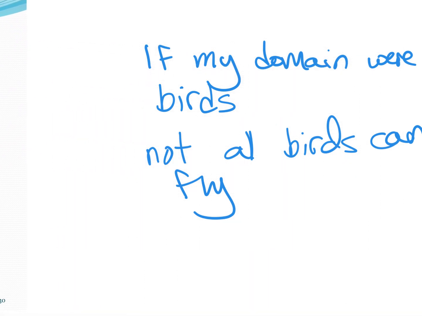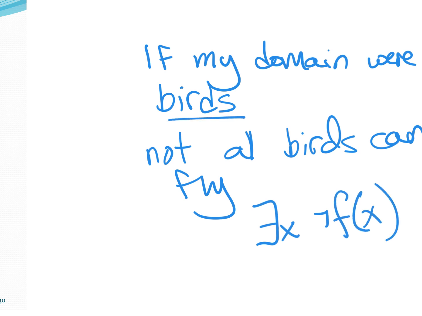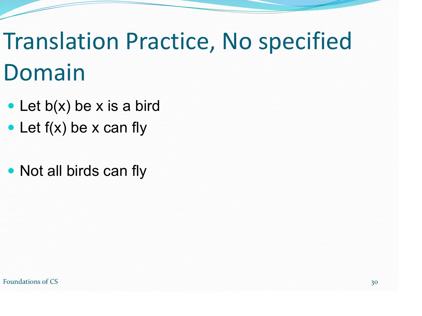If my domain were birds and I wanted to say not all birds can fly, then I could just write there exists an x such that x can't fly, right? Because my domain is birds. So everything in my domain is birds, and I just say, oh, there's something in my domain of birds that can't fly.